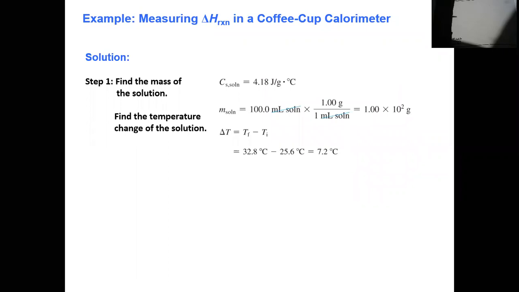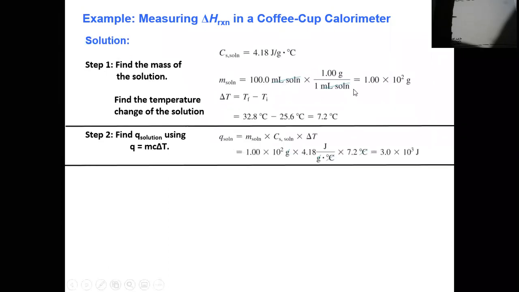So I can take that volume value and I can multiply it by the density, and that's going to give me the mass of my solution. So now I have my specific heat value, I have my mass value, I need to calculate my delta T value, final temperature minus initial temperature. Once I have all 3 of those things, now I can find the Q value for my solution.